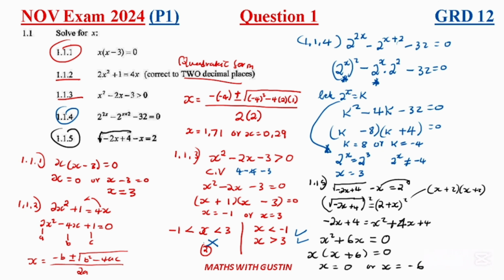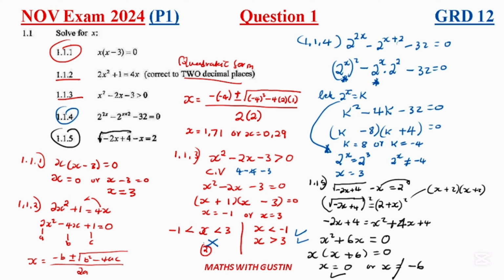Because now you say negative 2 times 0 is going to be 0, the square root of 4 is going to be 2, and then minus 0, which is equal to 2. So therefore this will be the solution. However, unfortunately, x equals negative 6 will not be the solution. So you must put it like that and let them know that x cannot be equal to negative 6.